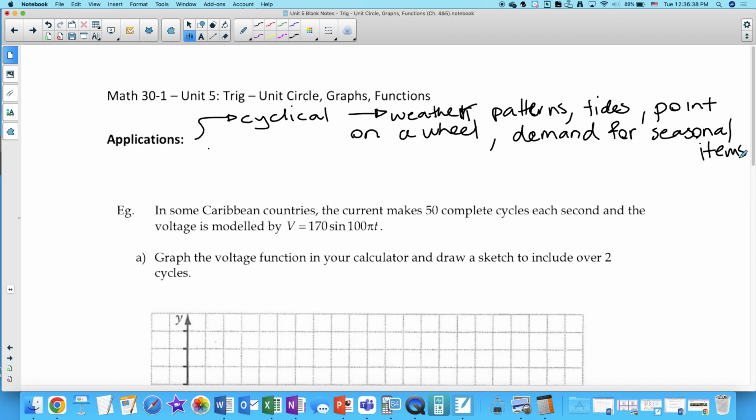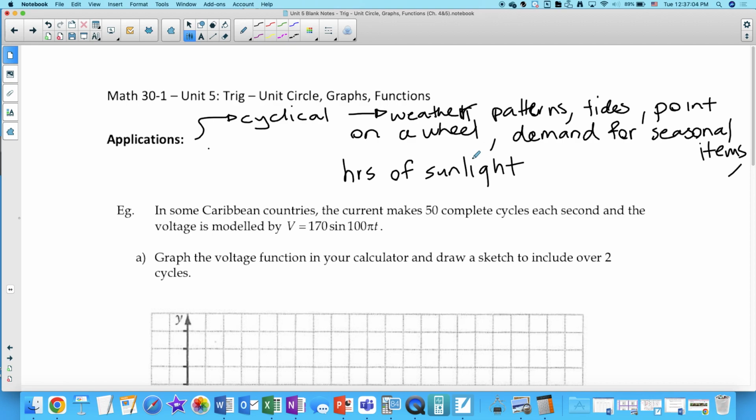The other one that's quite common is the amount of sunlight. The hours of sunlight throughout the year, right? And of course, this depends on where you're located on the Earth. If you're on the equator, actually, this is going to remain quite constant throughout the year.